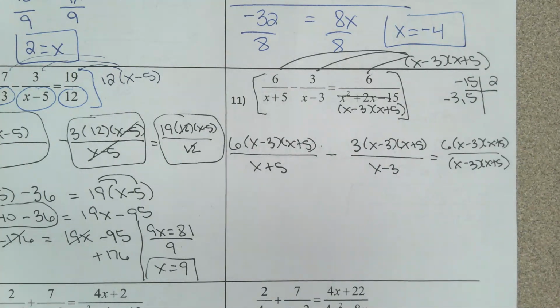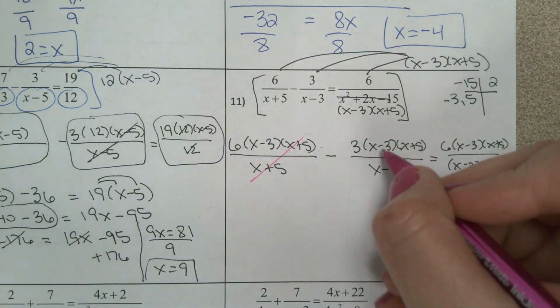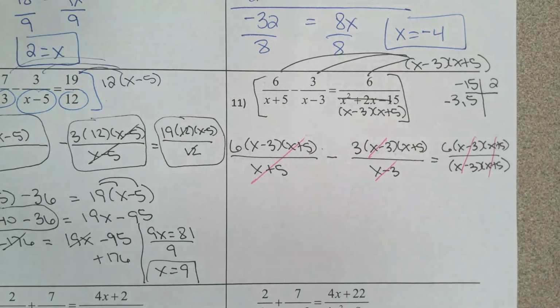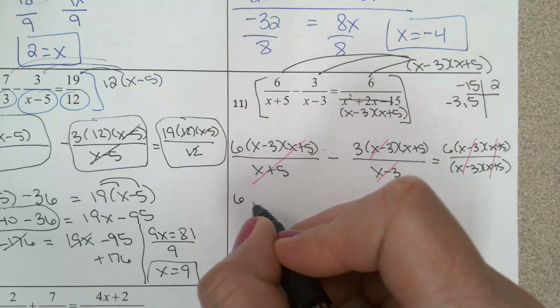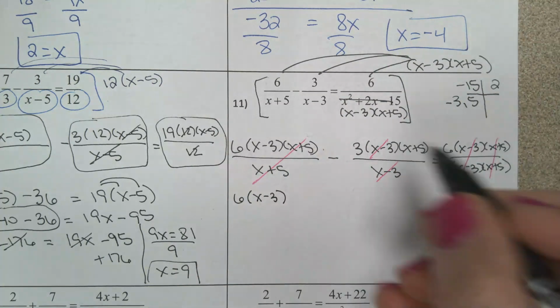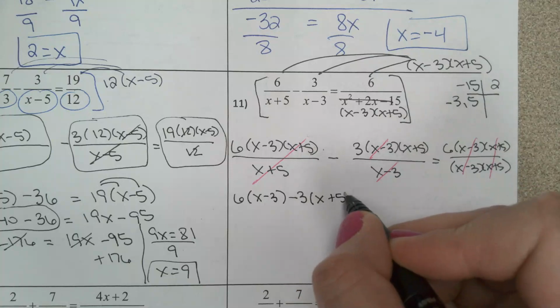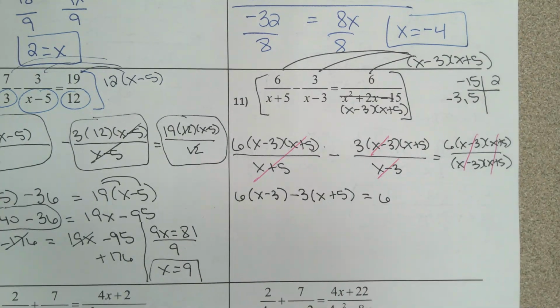And now I'm going to see what is common to the top and bottom and go canceling. So my x plus 5s are gone, my x minus 3s are gone, and in the last one, it cancels out two things. So for the first one, I have 6 times (x minus 3) left. In the second one, I have negative 3 times (x plus 5) left, and that equals 6.